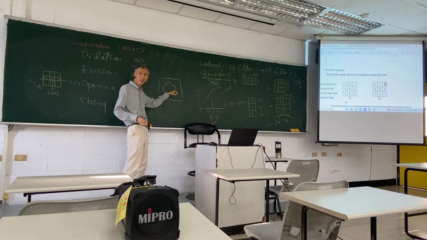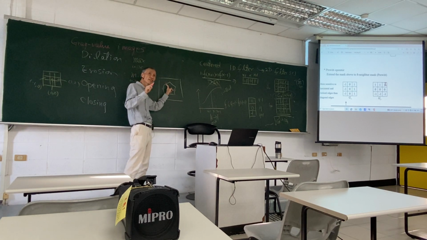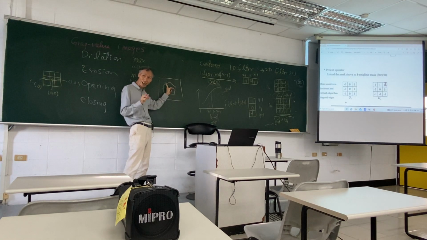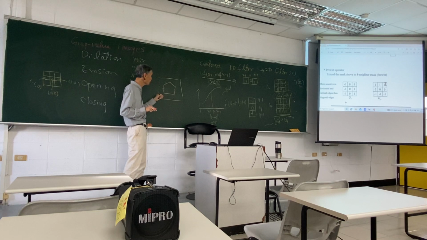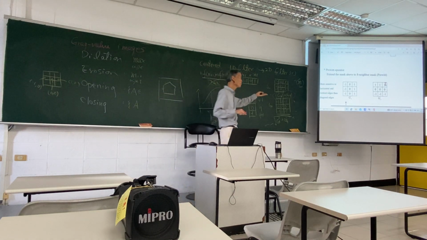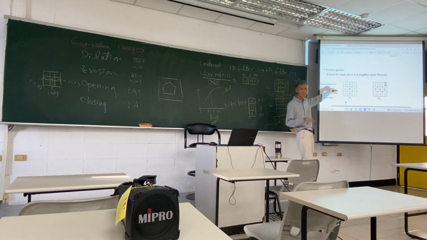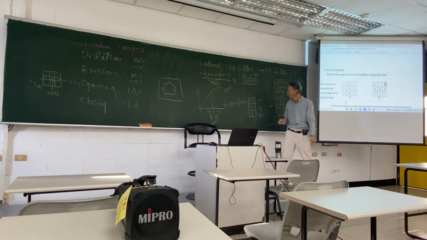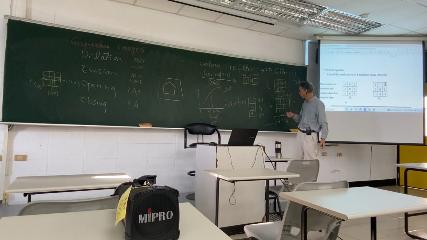You still can see a large response for the diagonal line, but it's not as large as for the vertical and horizontal lines. That's because of how it's designed. Just give me one more minute, then we can take a break.